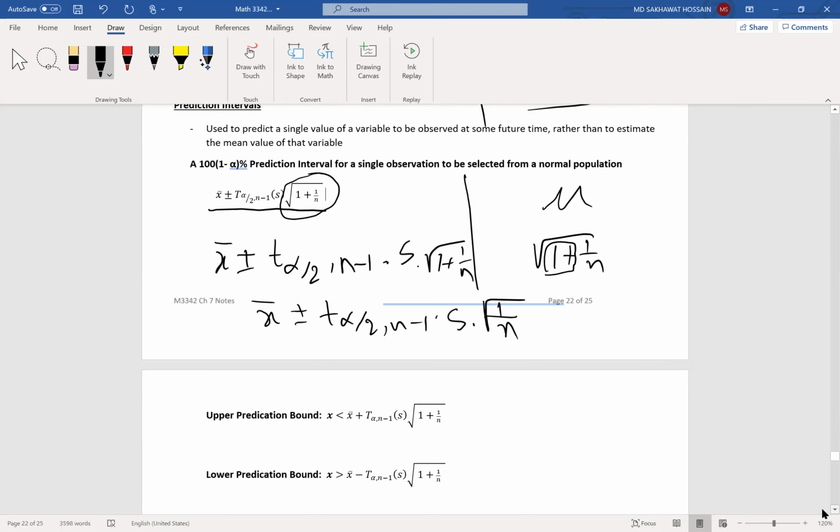Okay, so now the question is, which interval is wider? I can write both intervals for you. So now you have to determine which interval is wider.